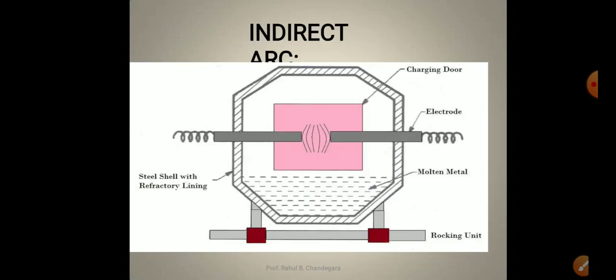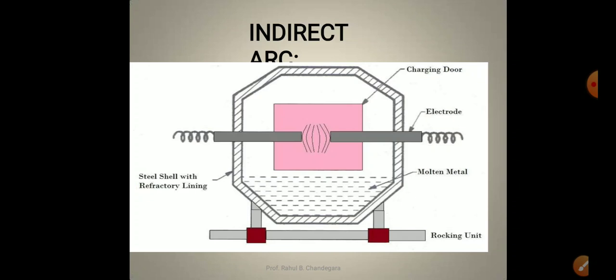Now the remaining point is the indirect arc method. In this method, the arc is not produced between charge and electrode. Instead, the arc is produced between two electrodes as shown in the figure. One electrode is fixed, another electrode is moving. First of all, both electrodes are connected. When we give supply, after that we move the moving electrode, then the arc is produced between the moving contact and the fixed contact.